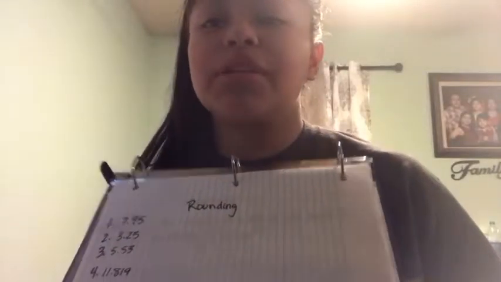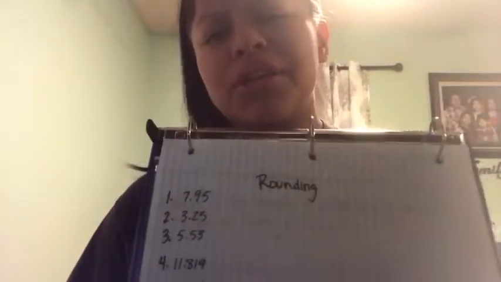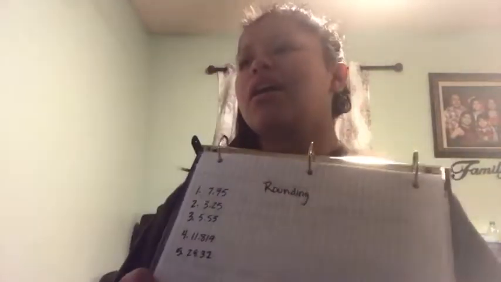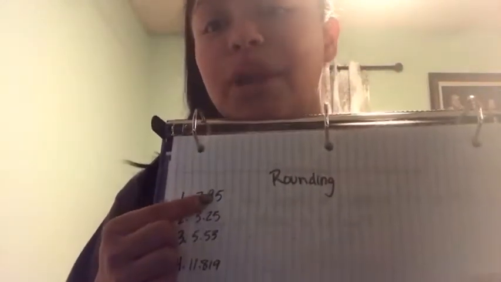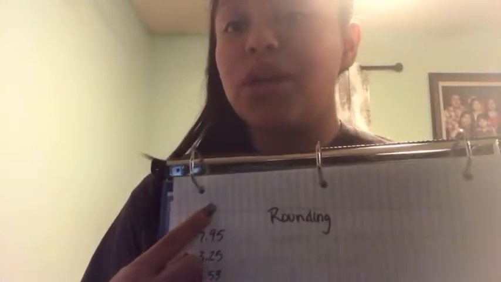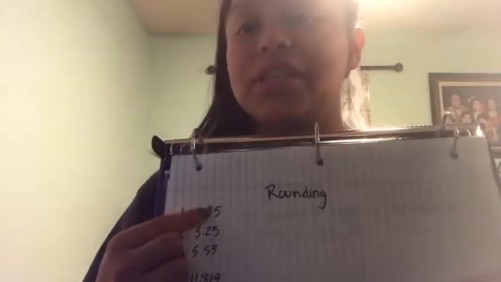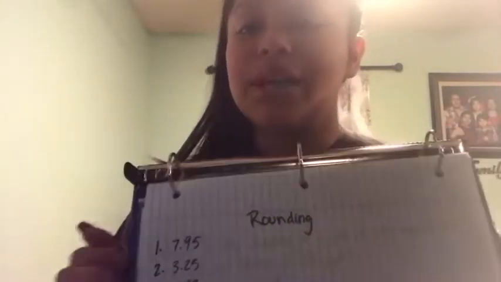Okay, so the next one that we will be talking about is rounding. Rounding's pretty easy, pretty simple. There's a certain rule for it. If the number that you're rounding is 5 or more, then you round up. If it's less than 5, then you round down.